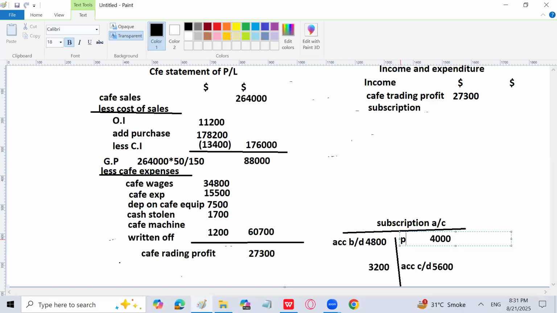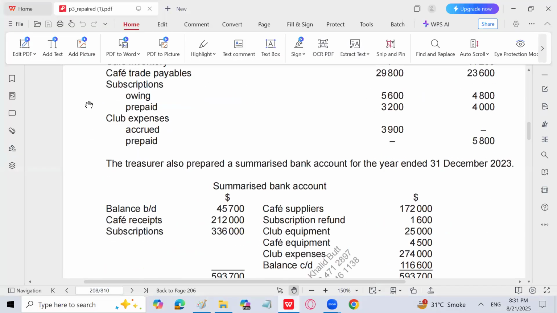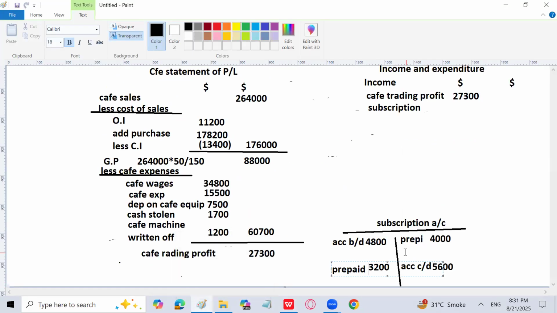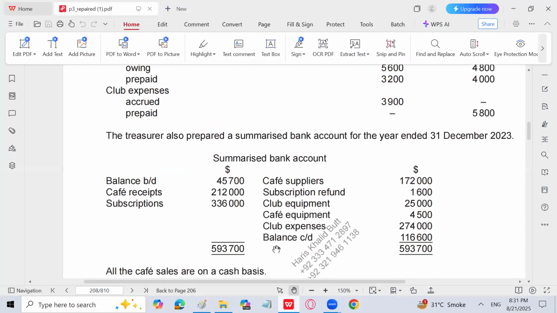I can write here the total amount received. The annual subscription received during the year is 3,36,000. I can write the bank figure here, 3,36,000. And the difference is to be written in the income and expenditure account. But having said this, there is subscription refund also of 1,600.